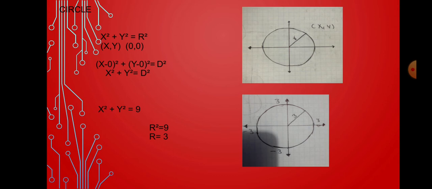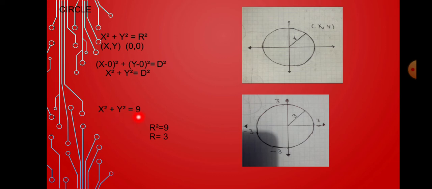For example, we consider this circle, x squared plus y squared equals 9.